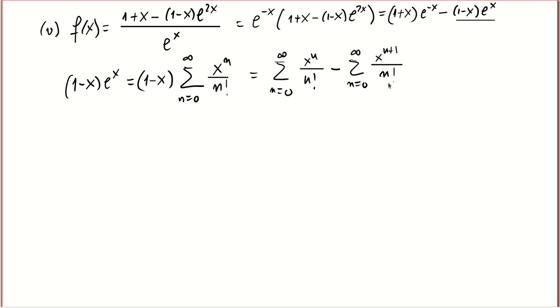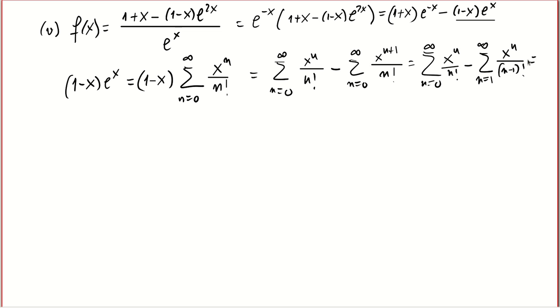All right. Let me transform this one in order to have powers of x to the n rather than x to the n plus 1. So we copy the first, x to the n over n factorial, and then the second is, well, I shift 1 unit down this one and increase 1 unit this one, so I have the sum from 1 to infinity, x to the n over n minus 1 factorial.